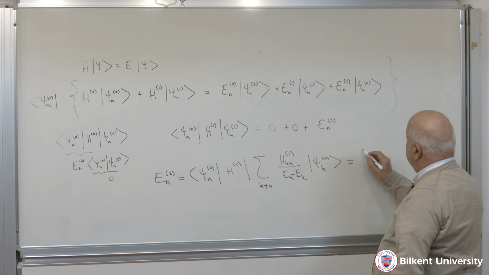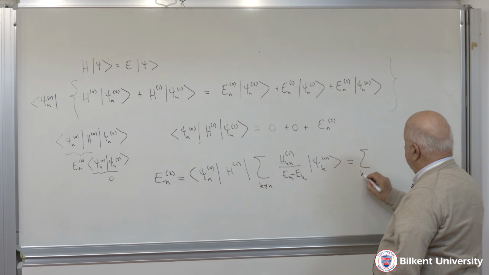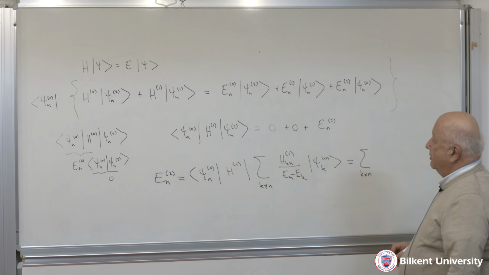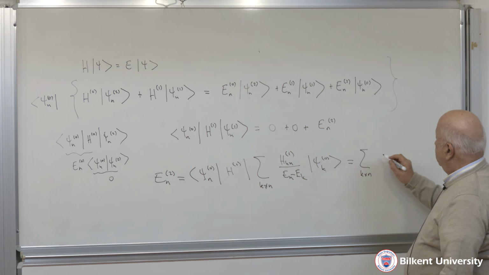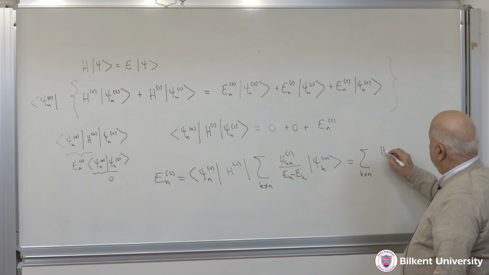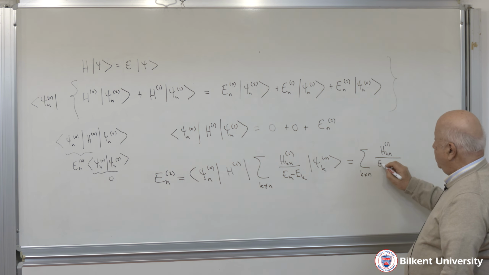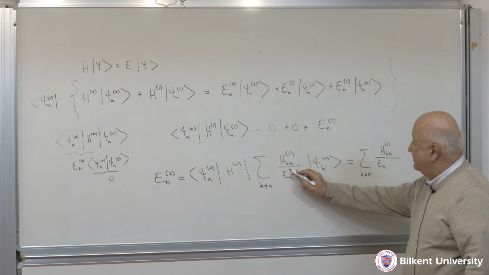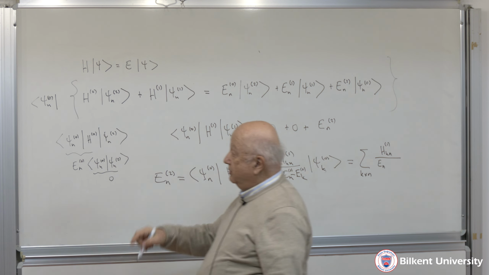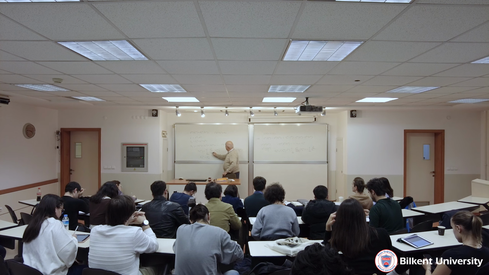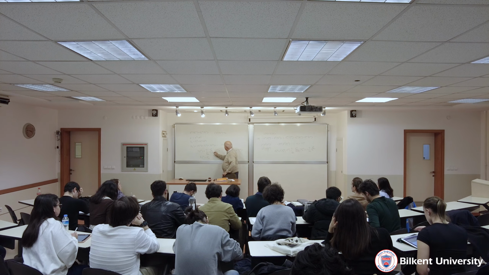I'm going to get some K not equal to N of, let me pull out this H1KN over here. So it's going to be En and Ek, these are En0 and Ek0, which I should have over here also. These are the zeroth order energies.